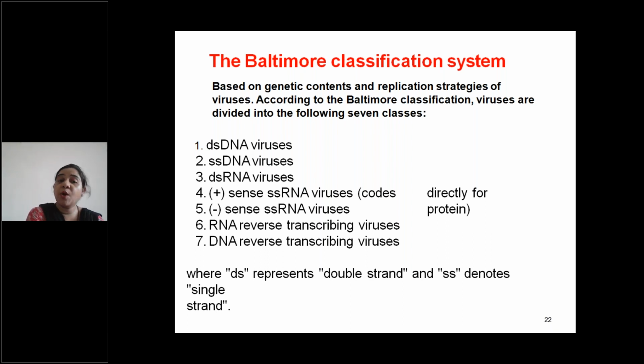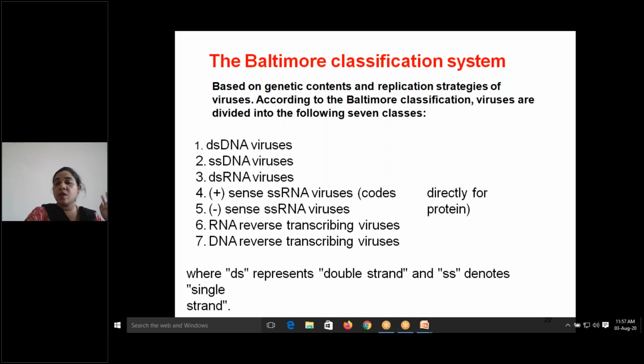Depending upon this, viruses are classified into 7 types: double-stranded DNA virus, single-stranded DNA virus, double-stranded RNA virus, positive sense single-stranded RNA, negative sense single-stranded RNA, RNA reverse transcriptase virus, and DNA reverse transcriptase virus. Keep in mind altogether there are 7. So Baltimore classification is the present classification of viruses.